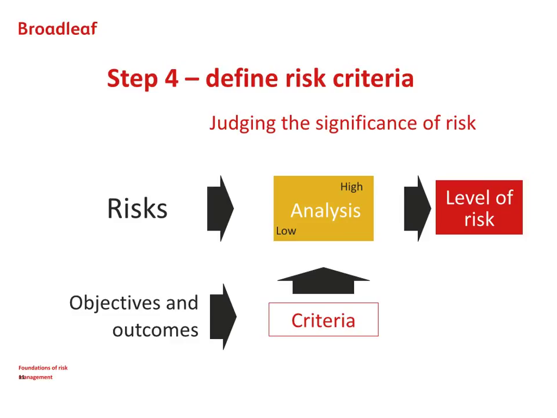Once we've identified and discovered our risks, we can therefore analyse those risks in terms of significance to judge which are high and which are low using those criteria. We can also use those criteria to judge what's an acceptable and what's an unacceptable level of risk.